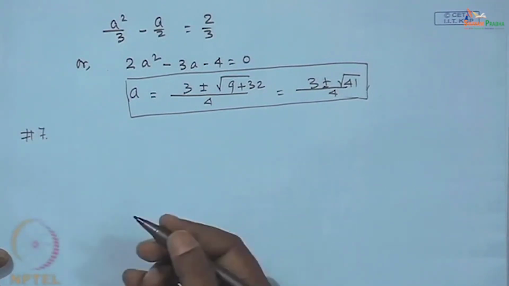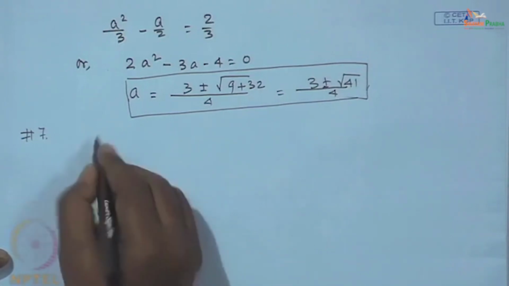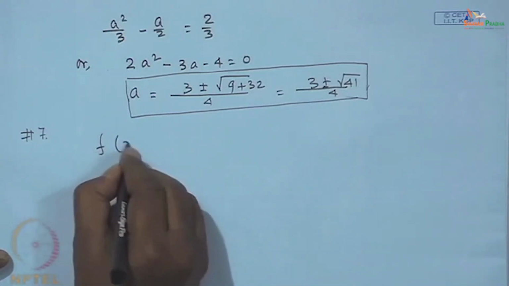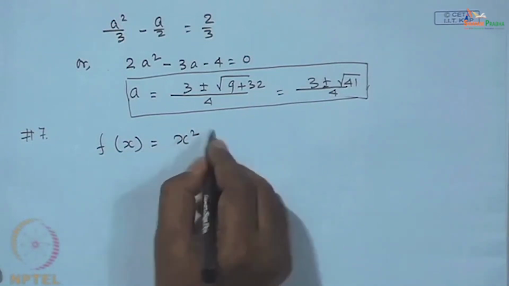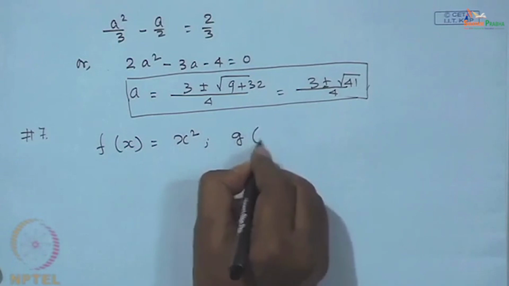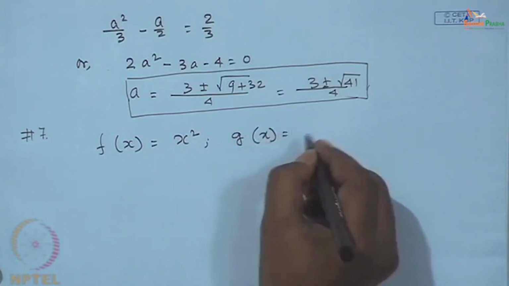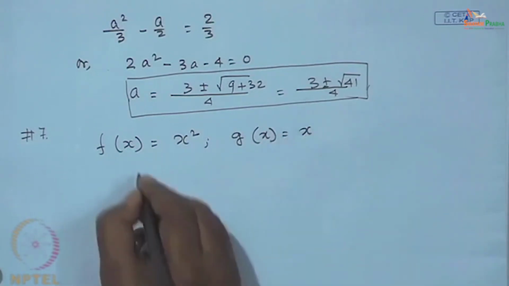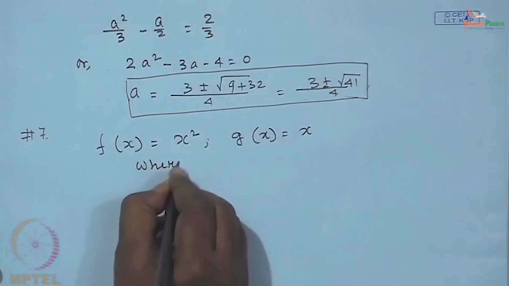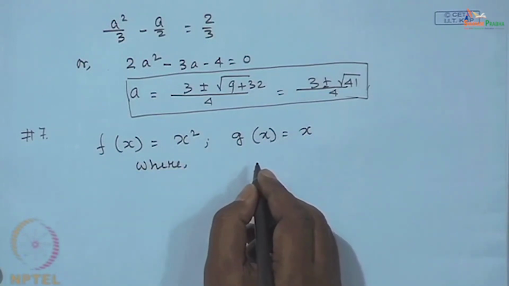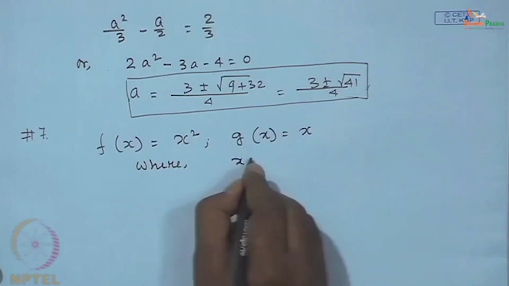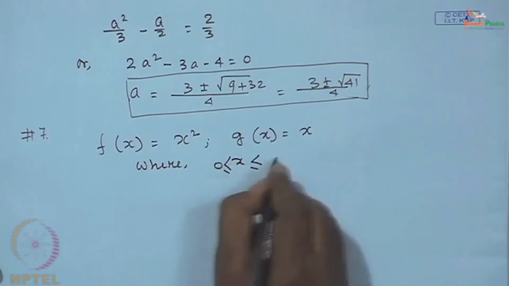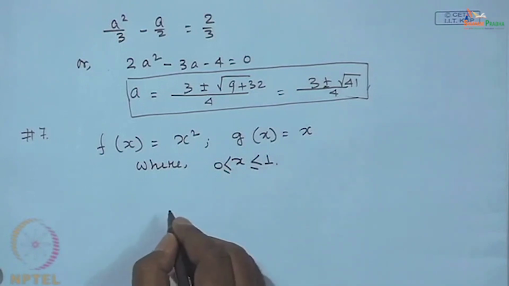Again it is a problem of continuous function, and this function in this case is a 1-dimensional function. Let us say f(x) is equal to x square and g(x) is equal to x, where the domain of x is basically from 0 to 1.